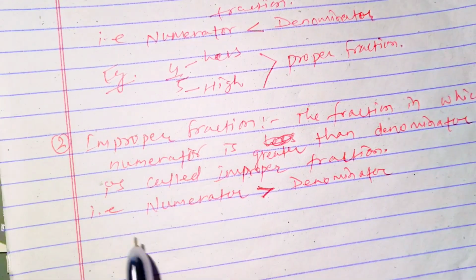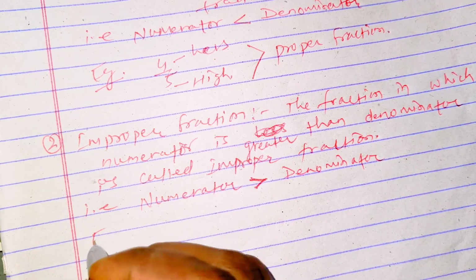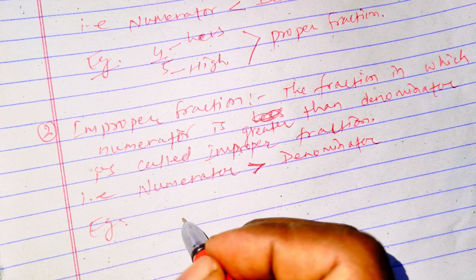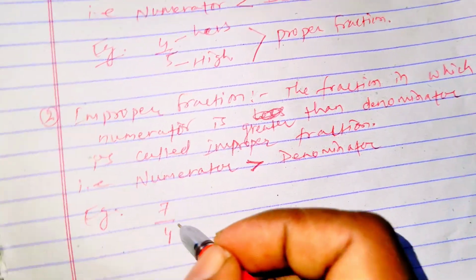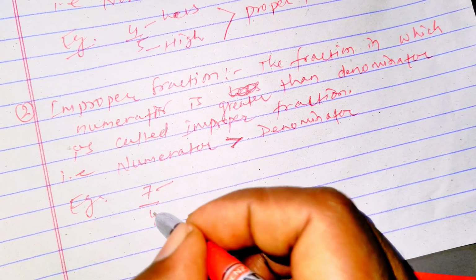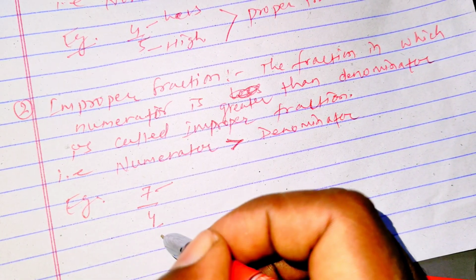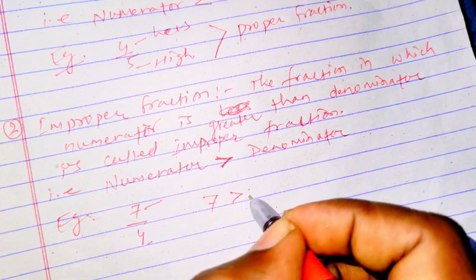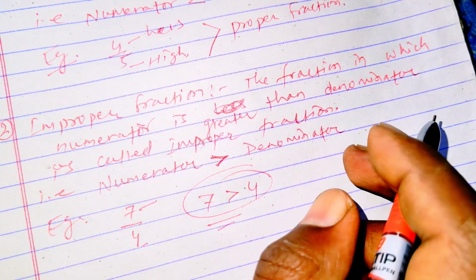Let's take an example of an improper fraction, that is 7 by 4. Here 7 is greater than 4, which means the numerator is 7 and the denominator is 4. The numerator is greater than the denominator, so it is an improper fraction, right?